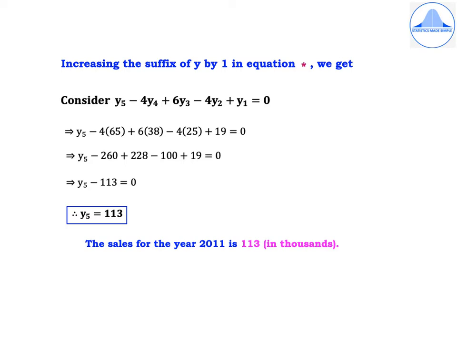Therefore, Y5 is equal to 113, or the sales for the year 2011 is 113 in thousands.